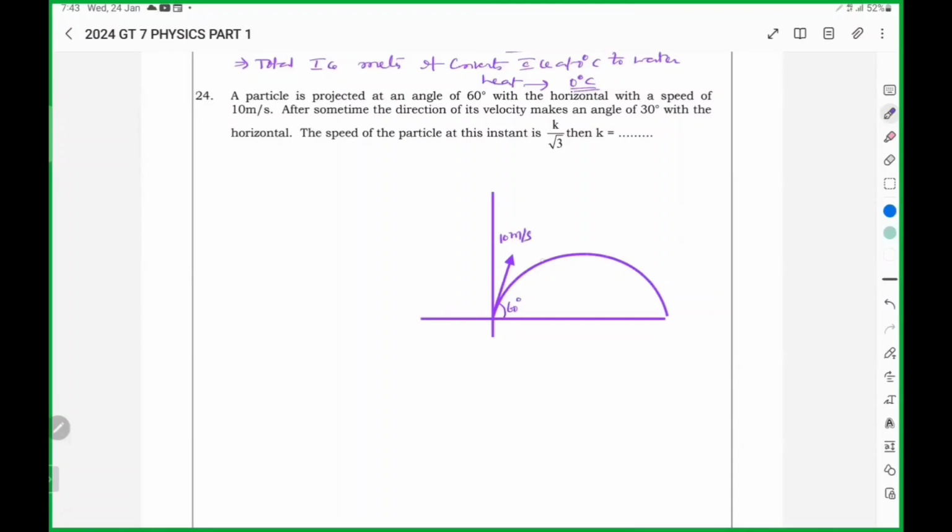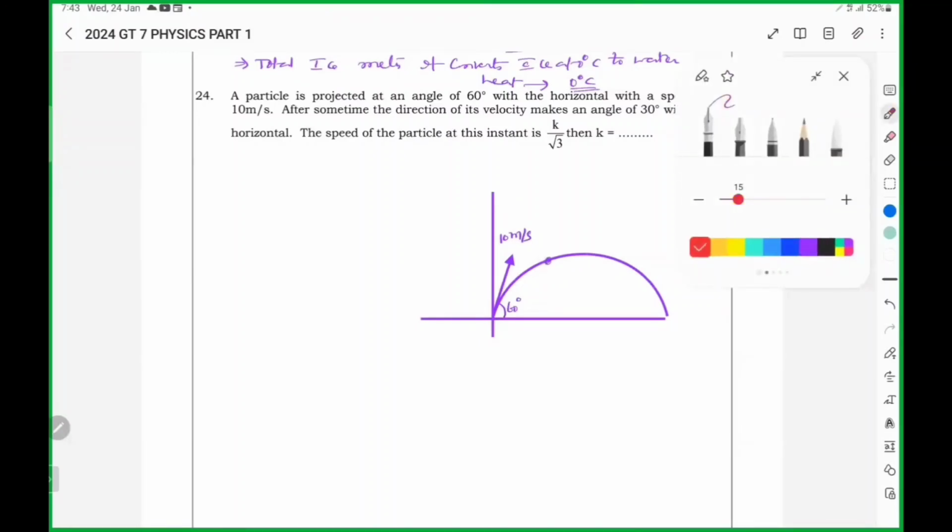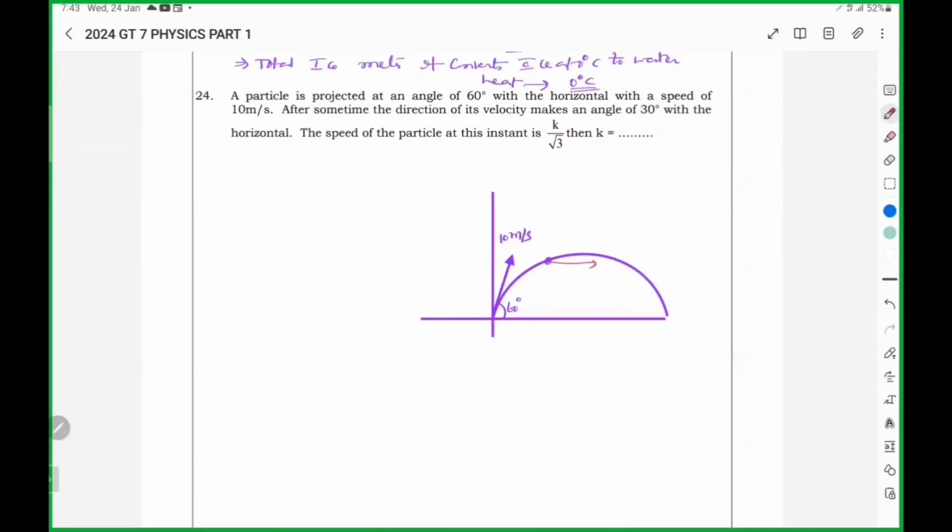After some time, the direction of the velocity makes an angle of 30 degrees with the horizontal. Find the speed of the particle at this instant.